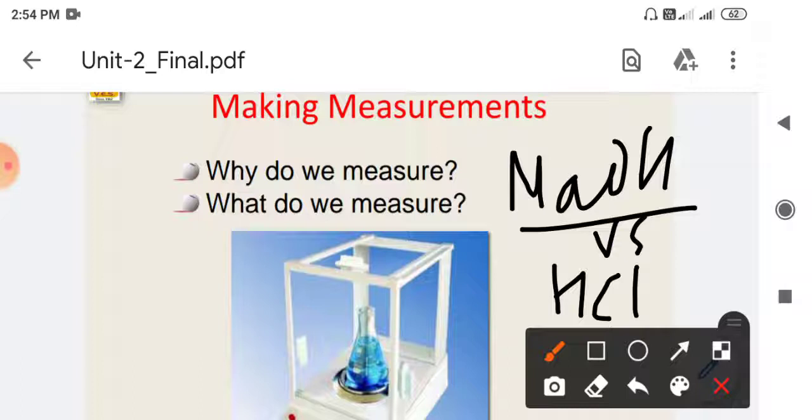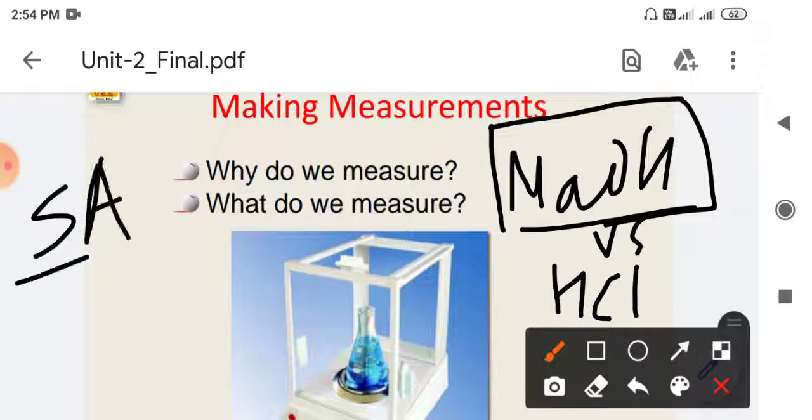So for this purpose, which type of measurements are necessary? First of all, for standardization of this NaOH I will require a certain acid, like we generally use succinic acid. For the preparation of our succinic acid we will be required to take the weight on the weighing balance. First we need to take the weight of this succinic acid.